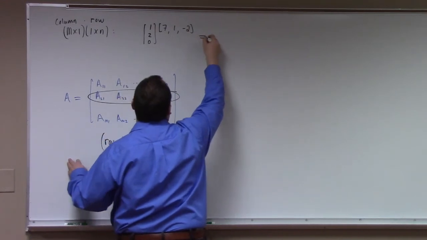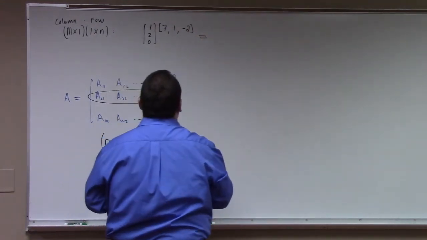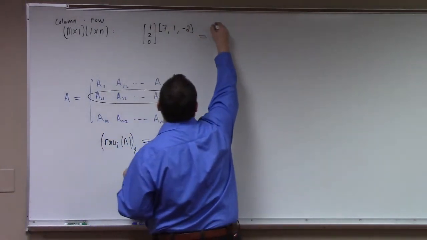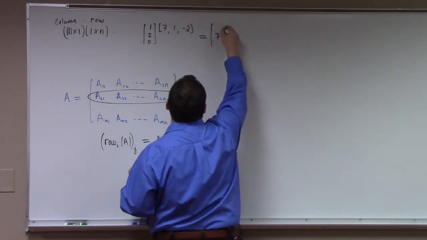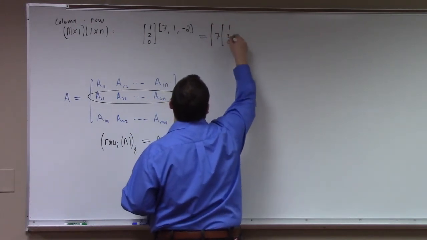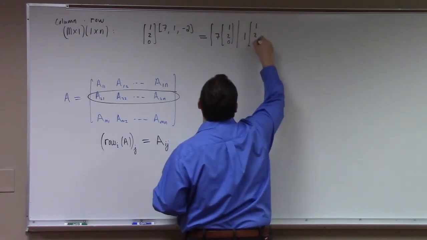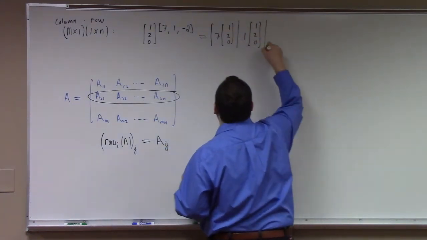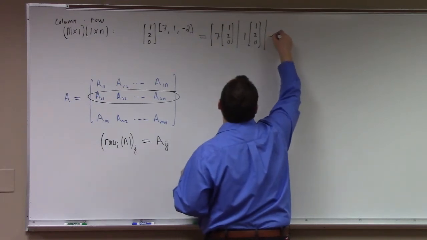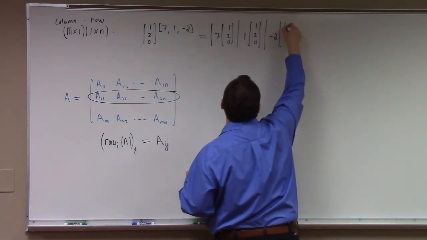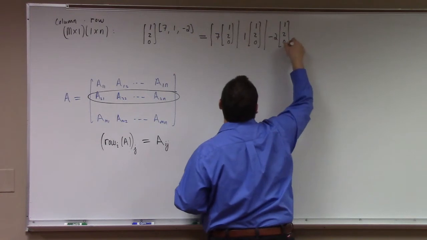How does that work out? By definition, it is 7 times 1, 2, 0, concatenated with 1 times 1, 2, 0, concatenated with minus 2 times 1, 2, 0. I'm showing you a nice way to calculate it.